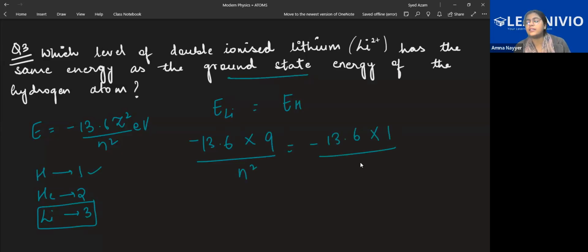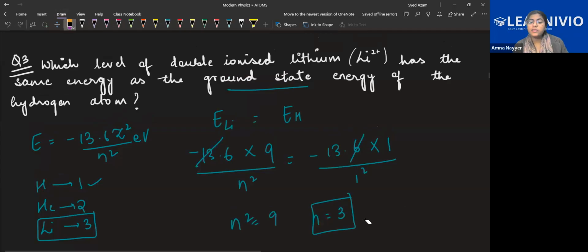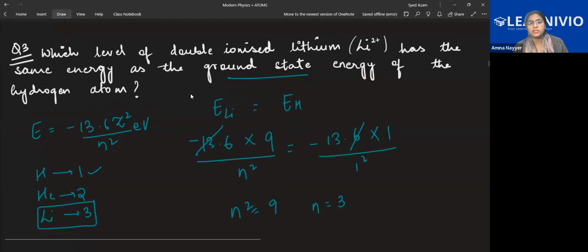Means what should I write here? Ground state means 1. Yes, Taha, very good. So that will be 1 square. So this gets cancelled. N square is equal to 9. N is equal to 3. Means the third level of lithium will have the same energy as first level of hydrogen.